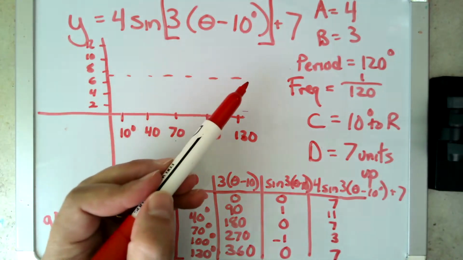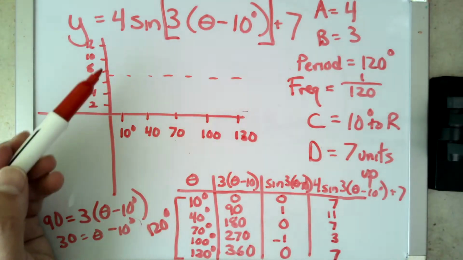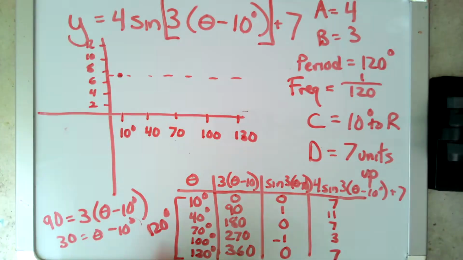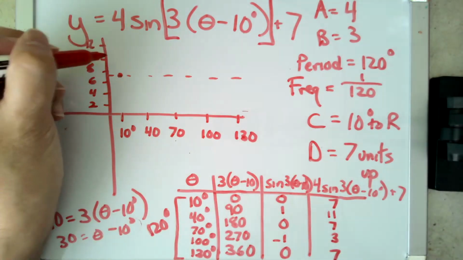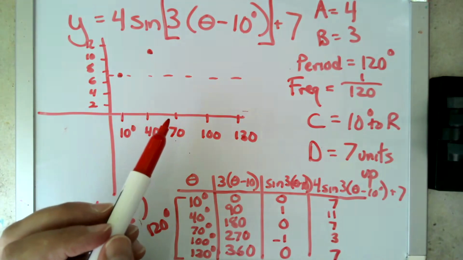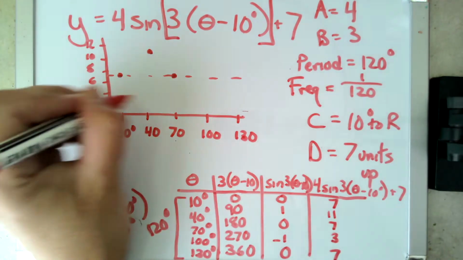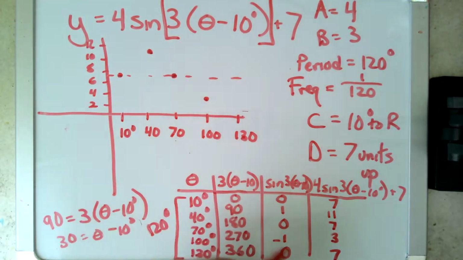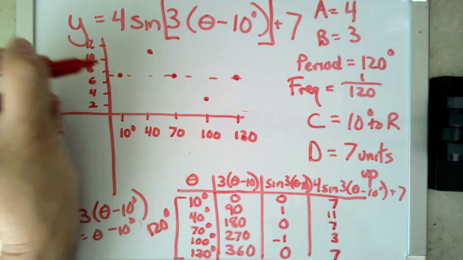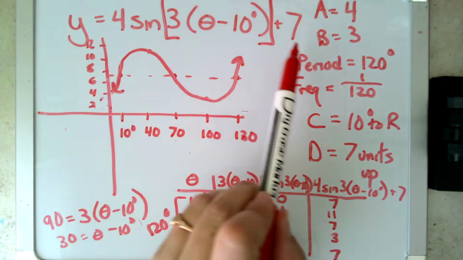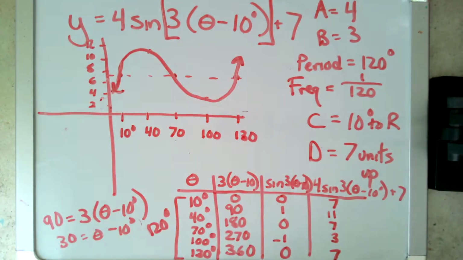There is my sinusoidal axis between 6 and 8. So I've got 10, 7. I've got 40, 11. I've got 70, 7. I've got 100, 3. I've got 130, 7. And that is my sine wave translated like this.